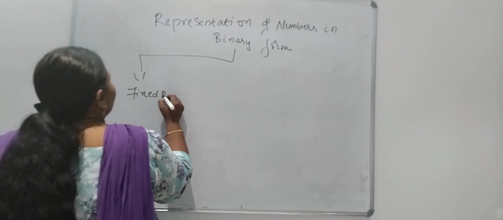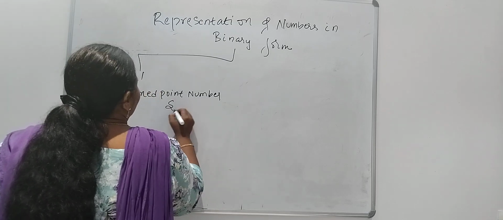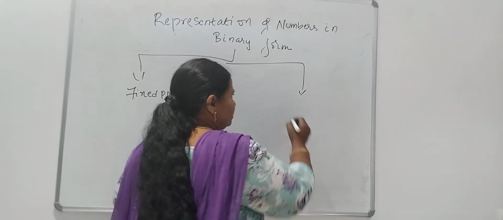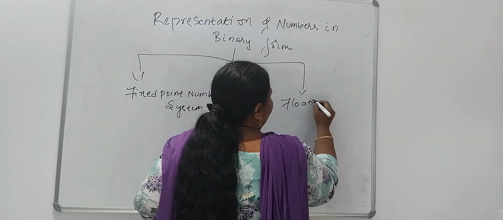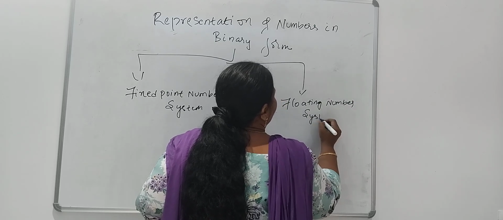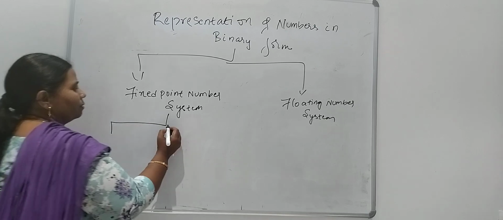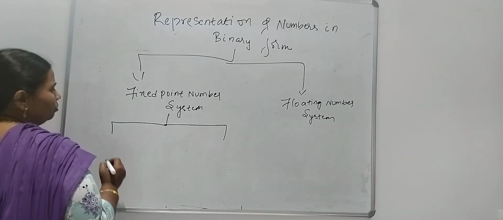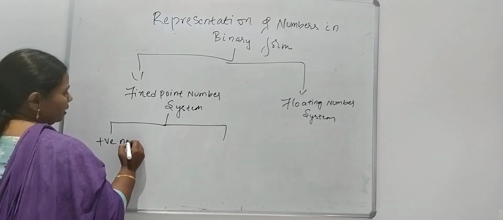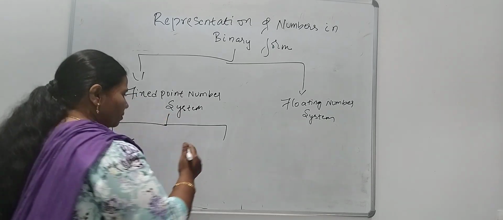One is the fixed point number system, the second one is the floating point number system. The fixed point number system is again divided into positive numbers and negative numbers.